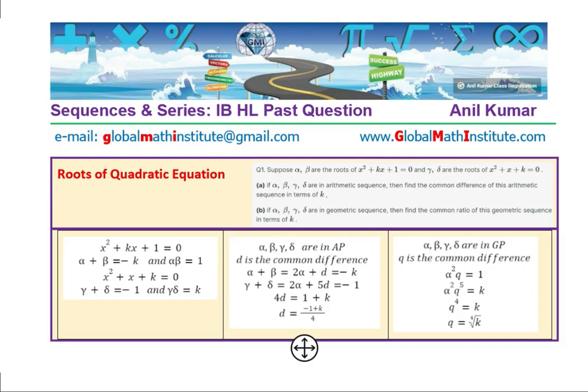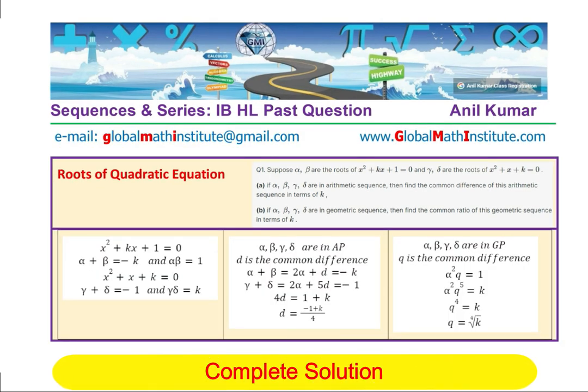Here is a complete solution in short. We're working with these two equations, right? Given the roots alpha and beta, the sum will be minus k and the product will be 1. For the other equation, gamma and delta are the roots, and their sum will be minus 1 and product will be k.